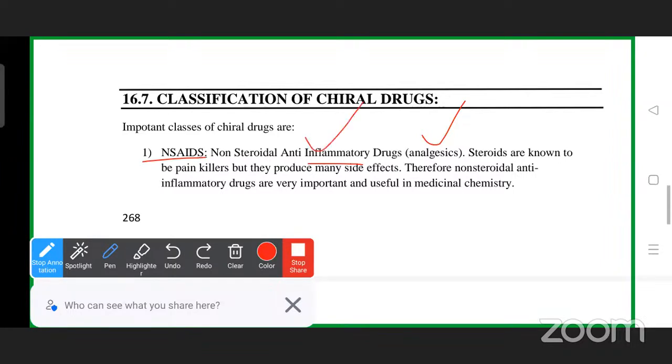The steroidal drugs are not preferable, because you will have some unwanted properties like unwanted side effects. That's why it is better not to go with steroidal drugs, and the recommended ones are NSAIDs.